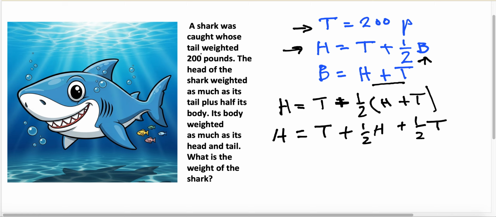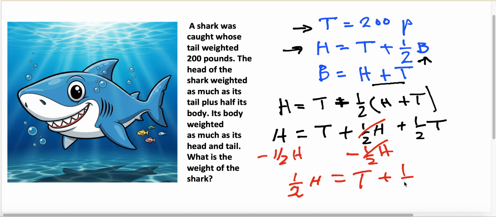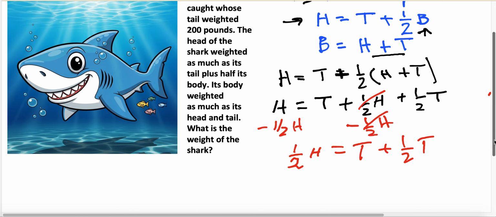Now I'm going here to subtract 1.5 head from both sides. These two we can simplify. One head minus 1.5 head is minus half head. Is equal to, I have here a tail plus 1.5 tail. 1 plus 1.5 is 2.5.